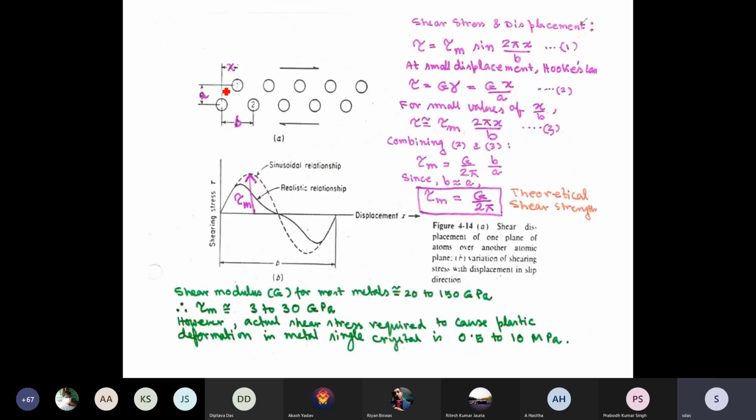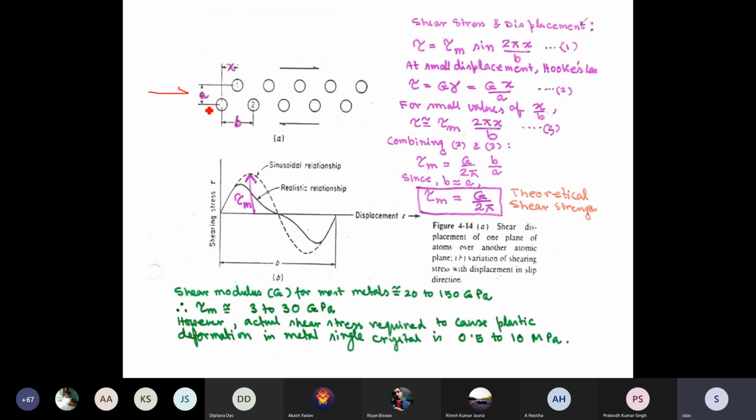So assume this is a deck of cards. One card, another card, and there will be 50 more cards below it. If I apply a shear stress from this side, what happens? One card will be gliding over the other card. So in the middle, this is a 1-1-1 plane. I am looking from the edge of that plane.